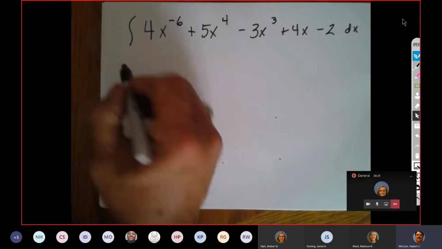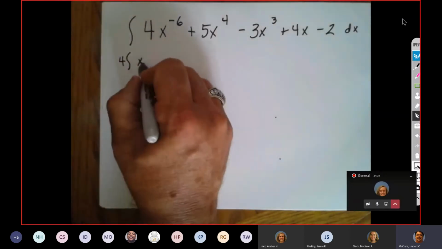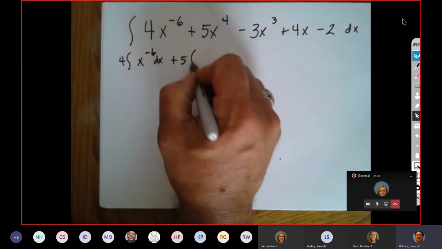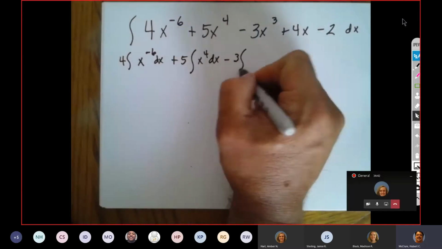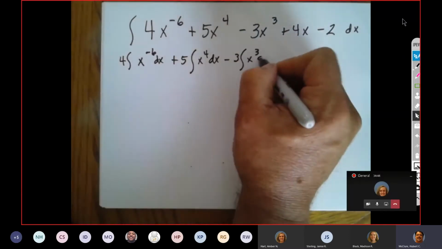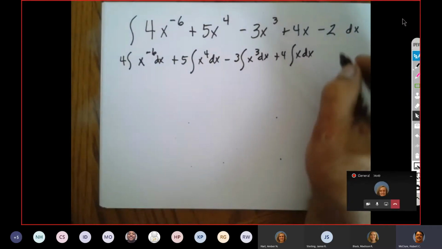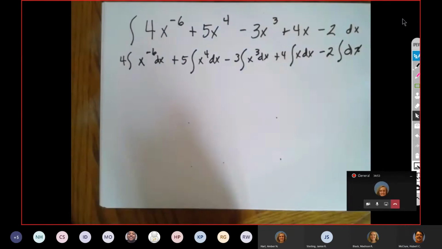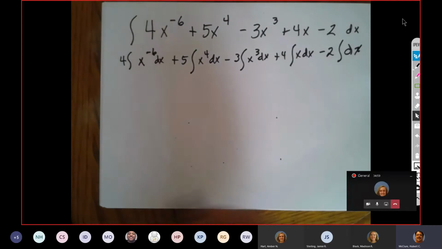So that's going to be a 4 antiderivative of x to the negative 6 dx plus 5 antiderivative of x to the fourth dx minus 3 antiderivative of x to the third dx plus 4 antiderivative of x dx minus 2 antiderivative of dx. Okay, plus c is going to be down here.